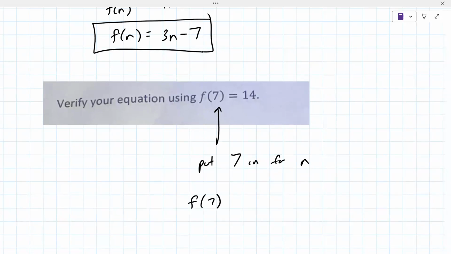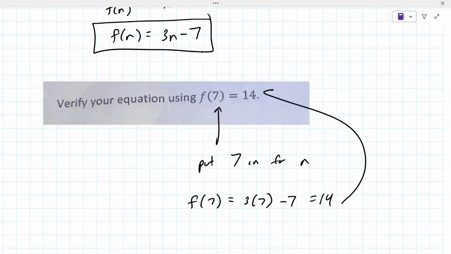So f of n equals 3 times 7 minus 7. So it would be minus 7, 14. Is that what you're supposed to get? Yep. You got it.